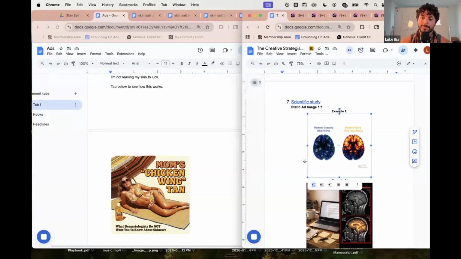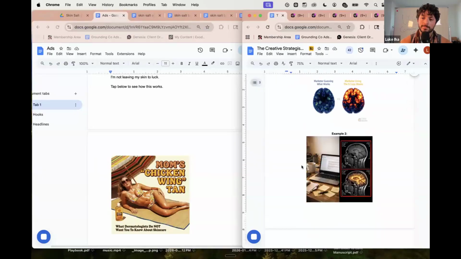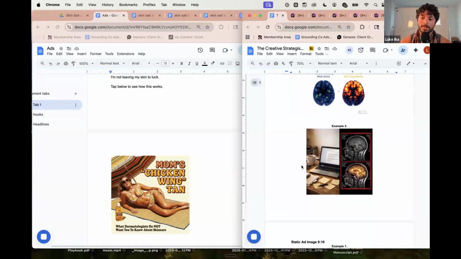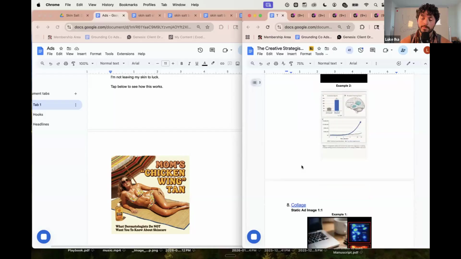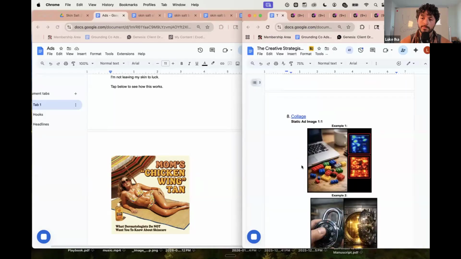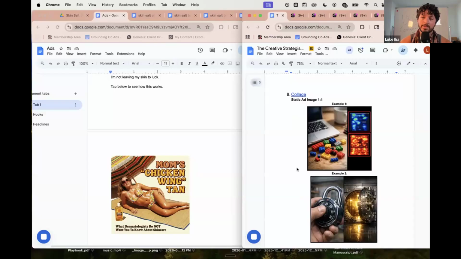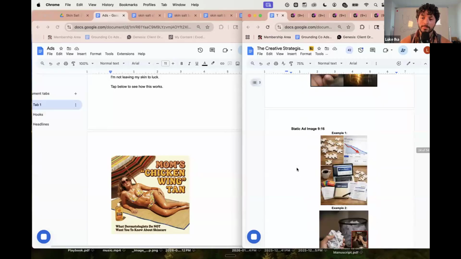This is kind of cool. These bots are so good. It's crazy. These collage ads are awesome. They have no business being that good.